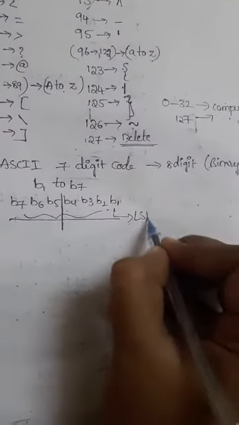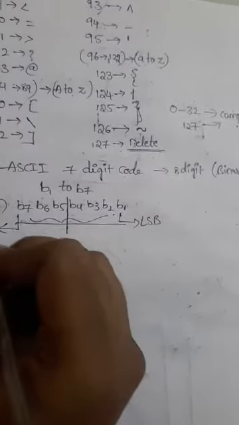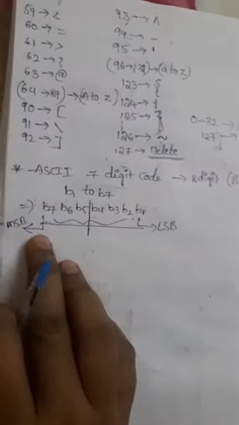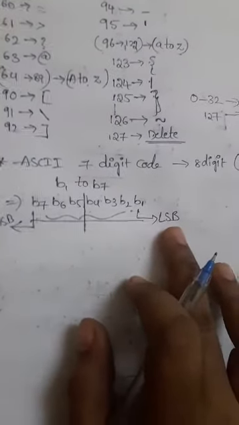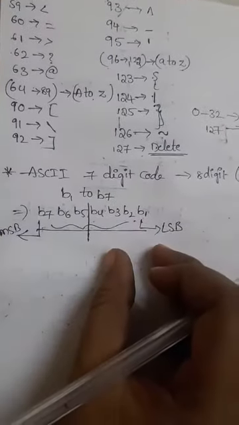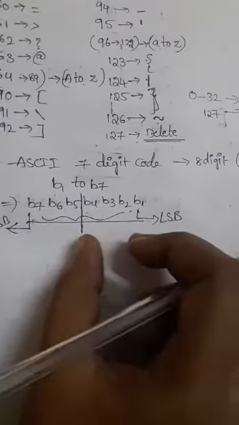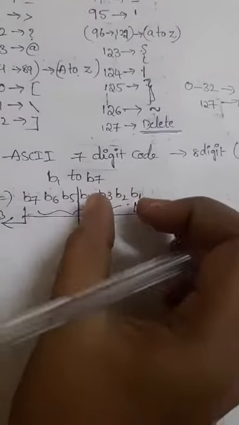B1 we call the LSB bit, and B7 we call the MSB bit. That means the power of this bit is very high compared to the B1 bit, right? So this is B7 and this is B1.